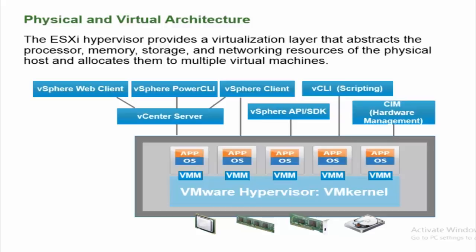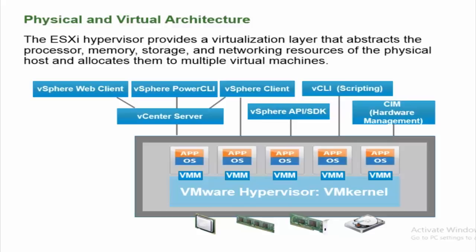There are several other interfaces, like the web client and the VI client. You can use the web client when you have vCenter Server and are managing your ESXi host through vCenter Server. You can use a vSphere client as well, and you have various APIs and SDKs which allow third-party plugins or application interfaces to be integrated with the vSphere environment.